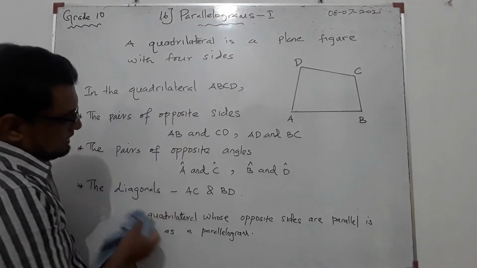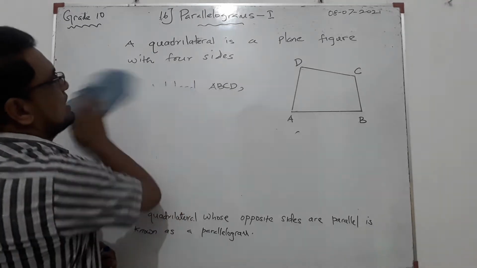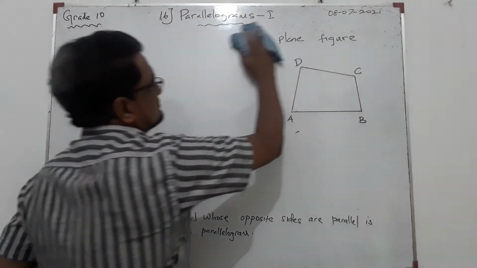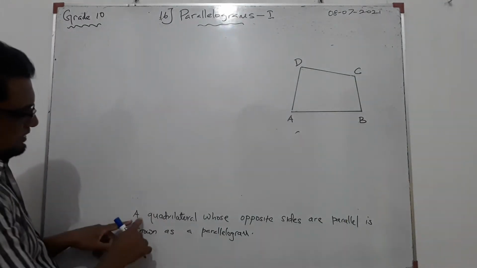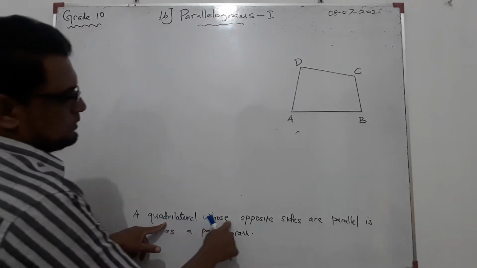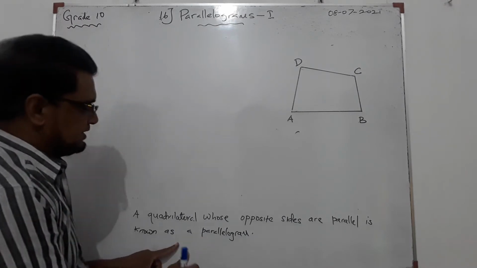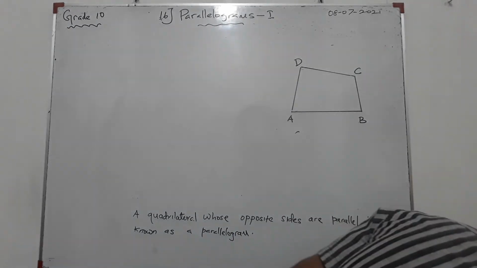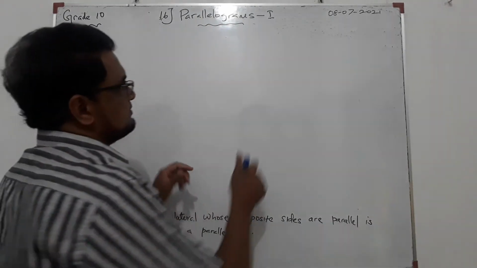Using this quadrilateral, we can define a parallelogram. A quadrilateral whose opposite sides are parallel is known as a parallelogram. That means the opposite sides are parallel.